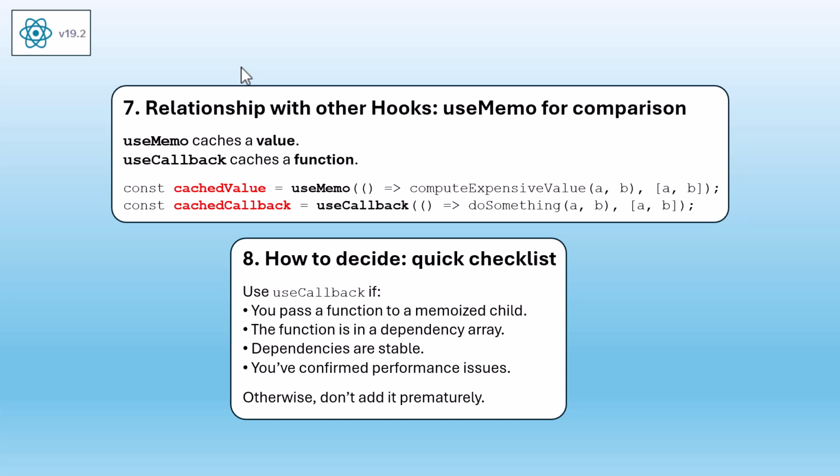Are the dependencies of this function stable so that the benefit will actually happen? If you answer yes to one of the first two and yes to the third, you have a measurable issue, then useCallback makes sense. If not, you may skip it for now.